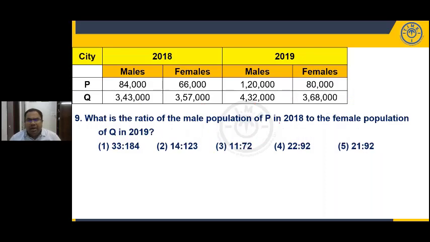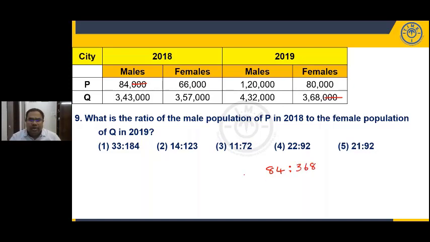Ratio of male population of P in 2018 to female population of Q in 2019. See, you can ignore zeros. Males in P in 2018 is 84, females in Q in 2019 is 3,68,000. You can ignore zeros, right?